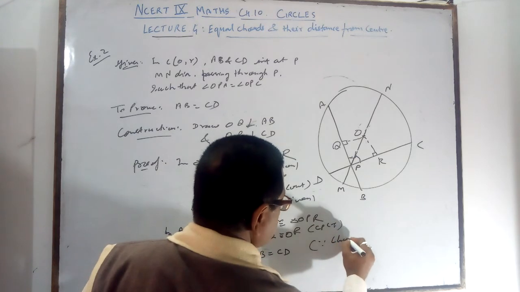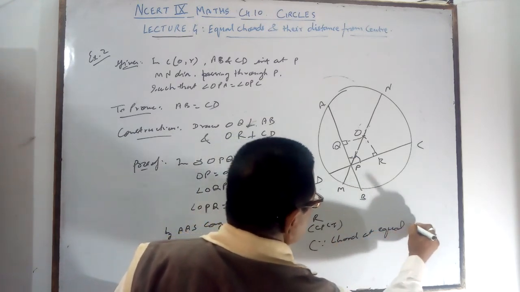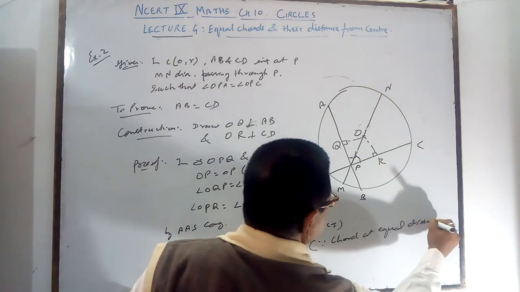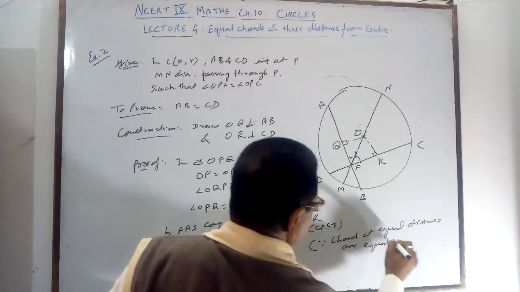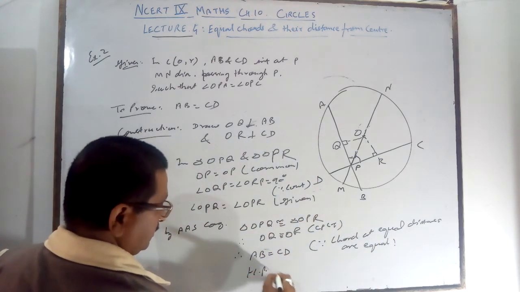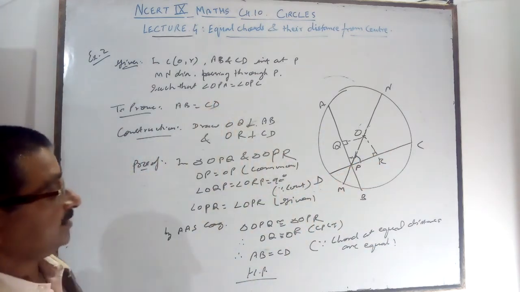By the converse theorem, chords at equal distance are equal. So you are getting hence proved. That's why AB is equal to CD, you proved.